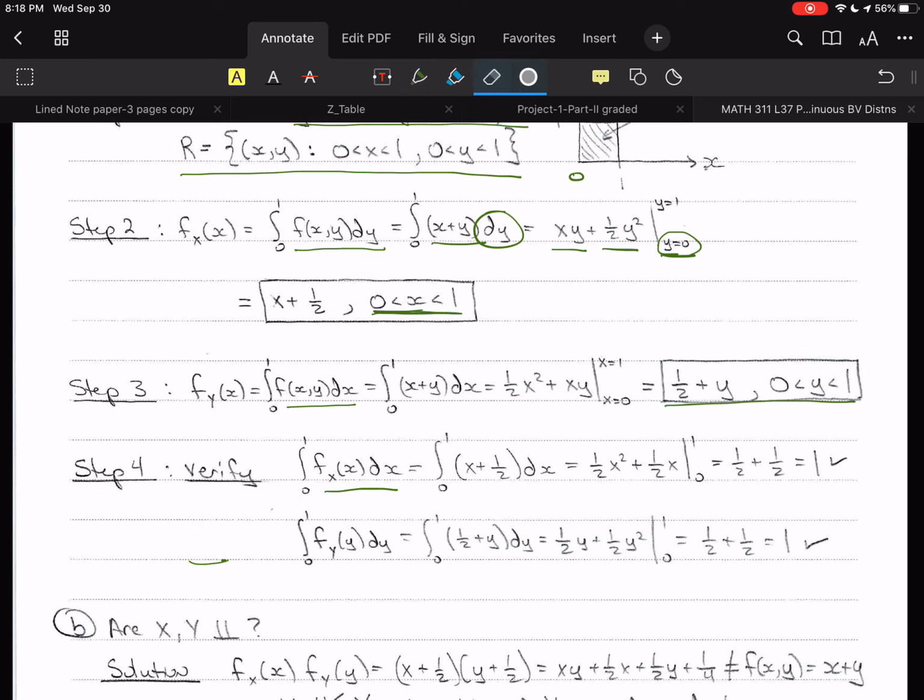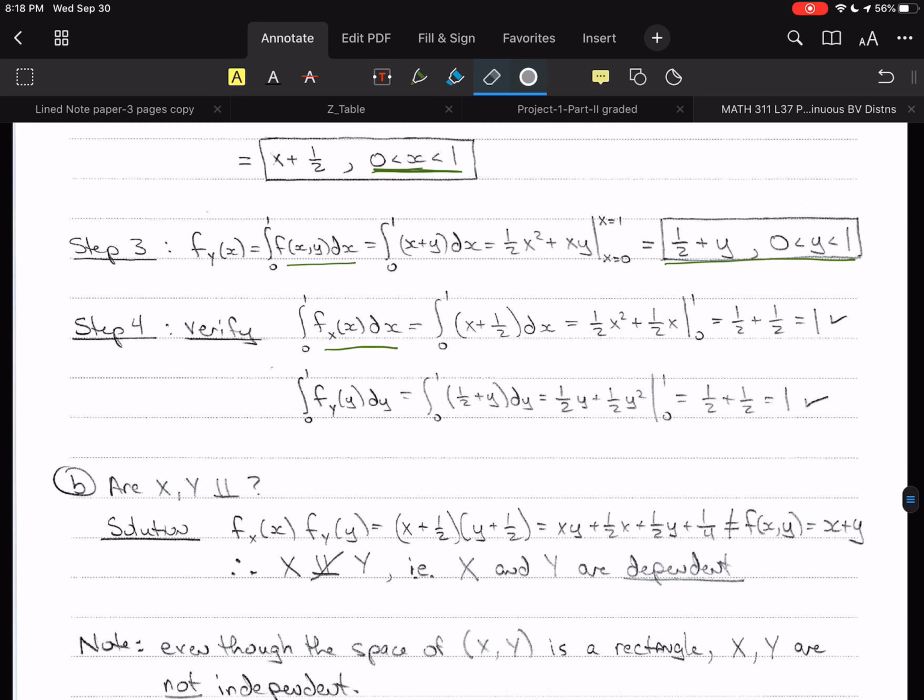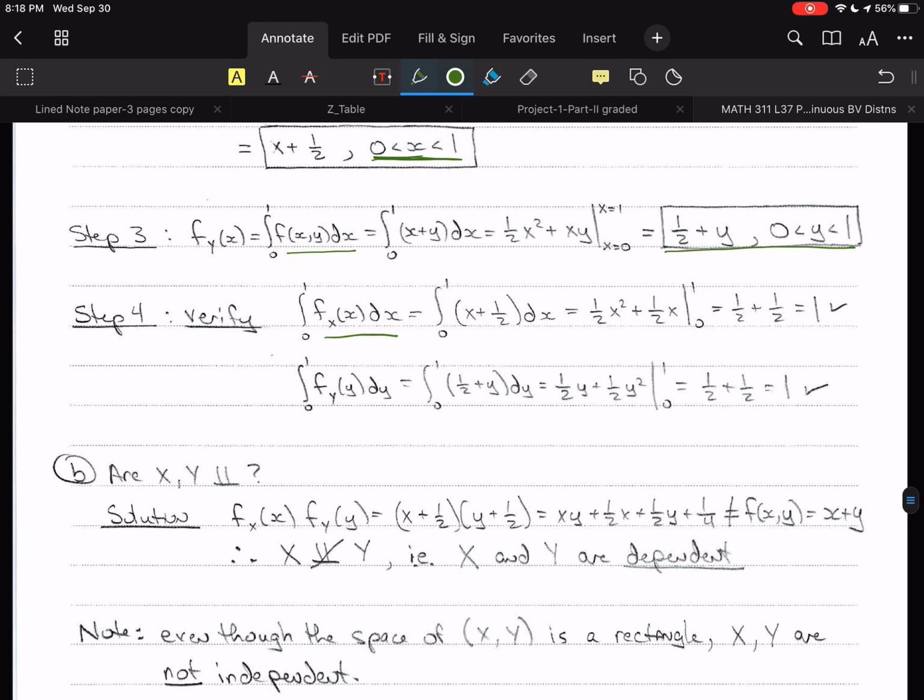Not in the real numbers. But we can use the definition here, and we can take the product of the marginals, which is given here, x plus a half times y plus a half, which gives us this expression, which is certainly not equal to x plus y.